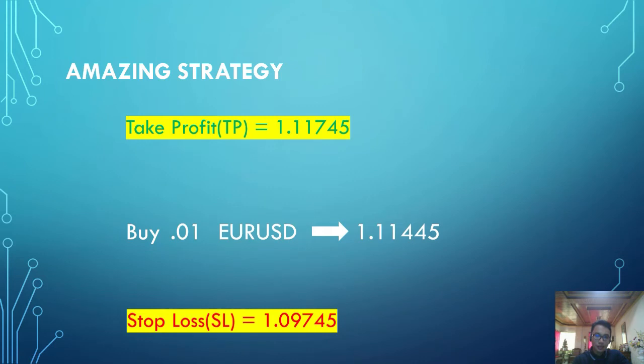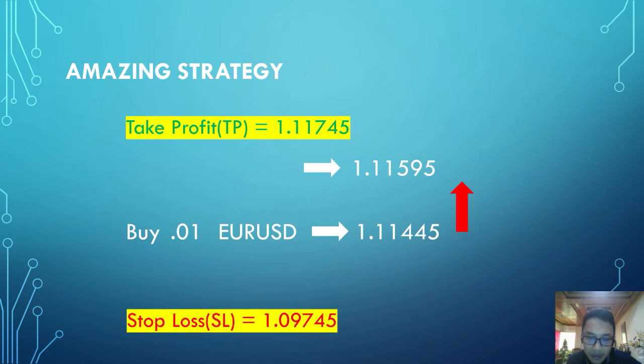So let's say you're buying 0.01 at 1.11445. When the price goes up, let's say by 30 pips, to 1.11595, you already have a positive floating profit in your account.